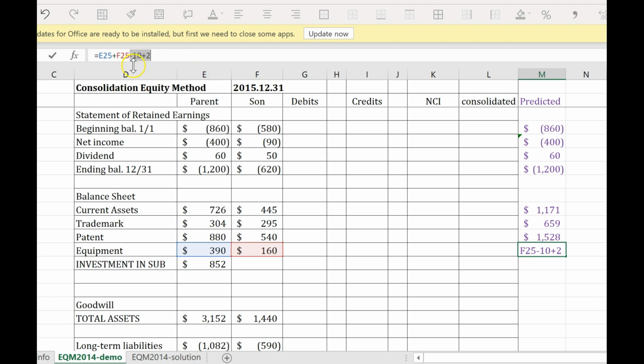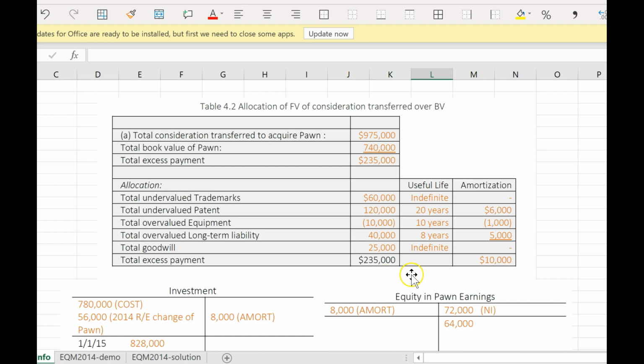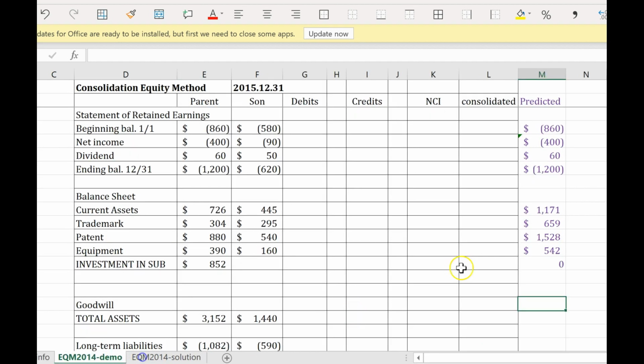So I'm actually subtracting 8,000, which is the remaining fair value excess of my equipment. That is what the consolidated equipment should look like. Consolidated investment, 0. Consolidated goodwill, we go back to the allocation table, it is 25,000. Total assets would be everything from above.